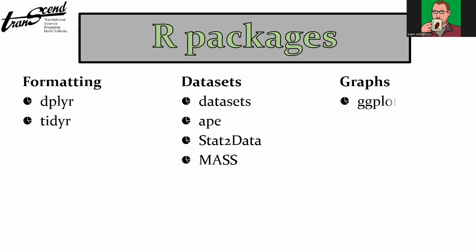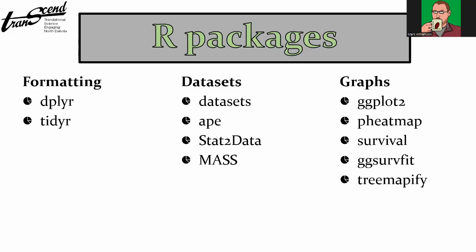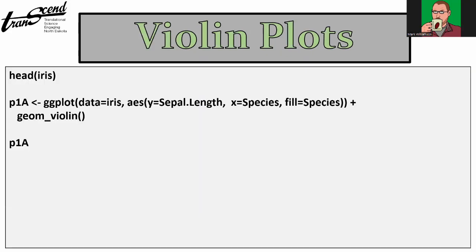For graphs, ggplot2 is our main one, but we'll be using alternative packages for some of the graphs, including heatmap, survival, ggsurvfit, treemapify, ggalt, waffle, and meta. So with that out of the way, let's get started with our first plot.